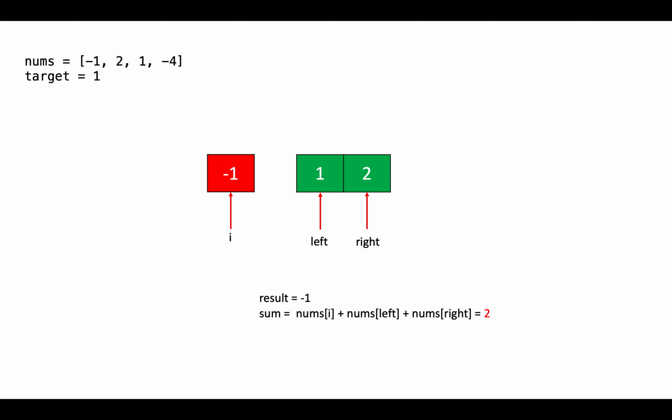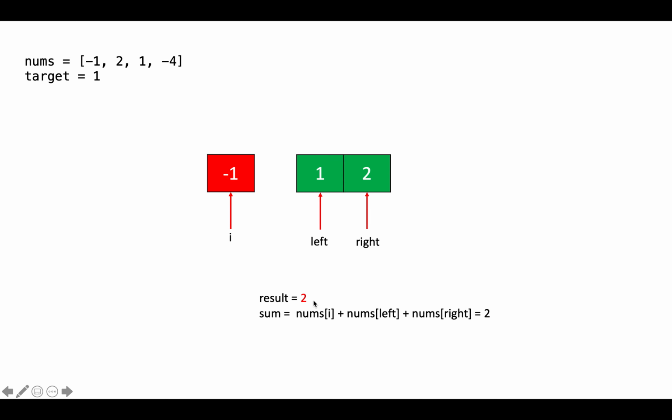At the beginning, we add the 3 elements, and this time our sum is 2. Compared to our result, 2 is closer to our target, so we should update our result to 2.